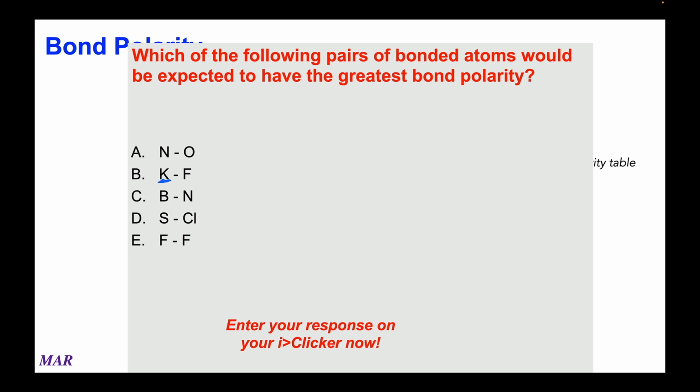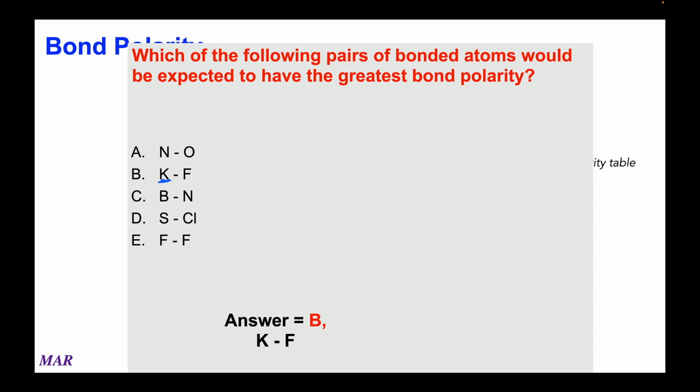Now, potassium is on the far left of the periodic table, much farther than anything on that list, to the left anyway. And fluorine is definitely far to the right. So the biggest difference between the elements would certainly be K and F. So this would be the way to answer questions like this without a table. The atoms that are farthest apart will have the greatest bond polarity.